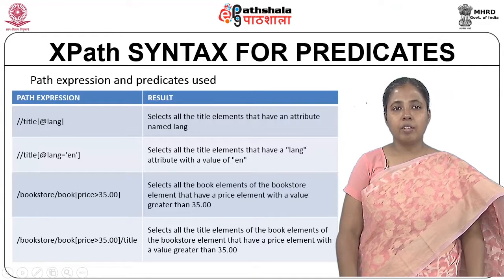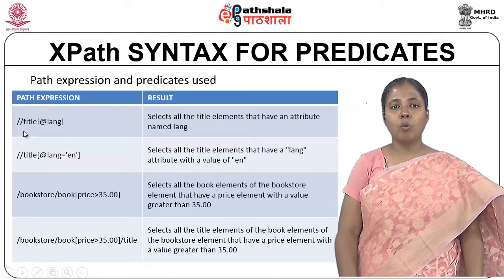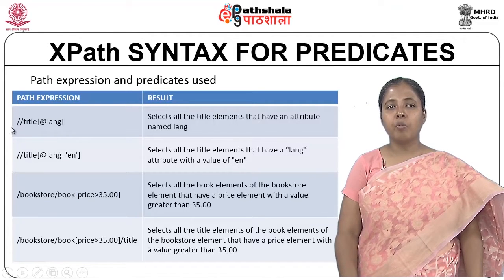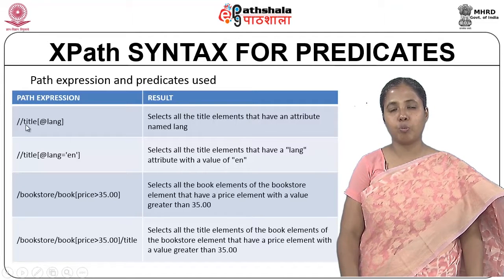So now we will see how the path expressions and predicates are used with examples. Here we select all the title elements, but the predicate given is the lang attribute. So all the title elements that have an attribute lang would be selected for this path expression.